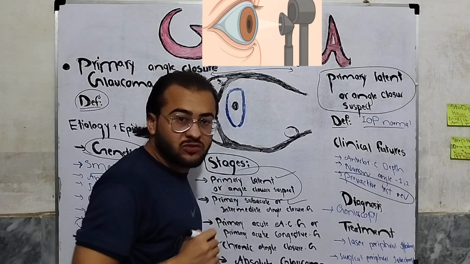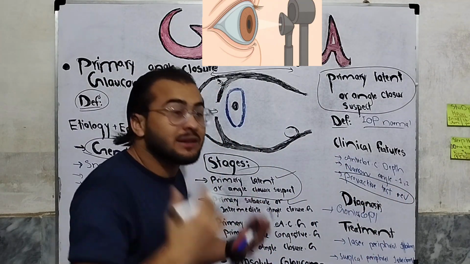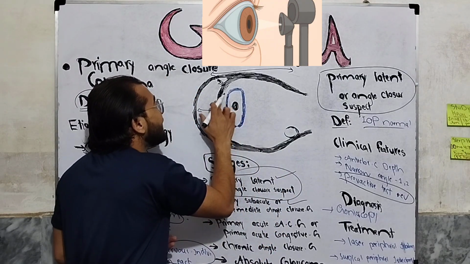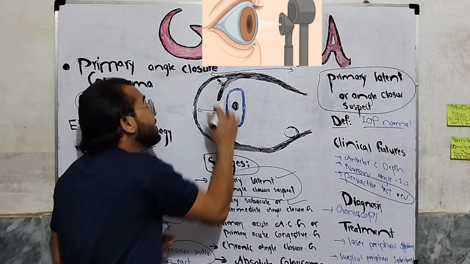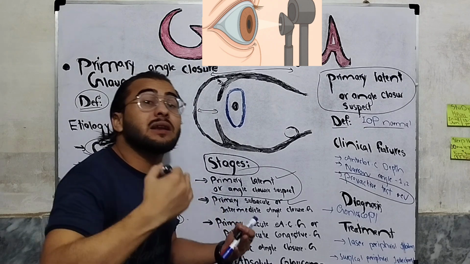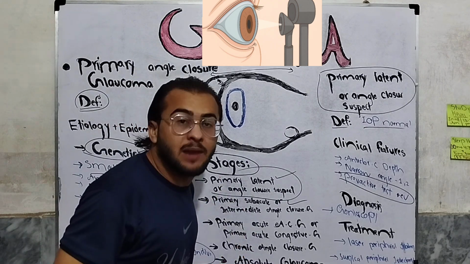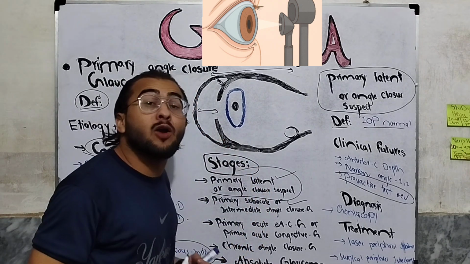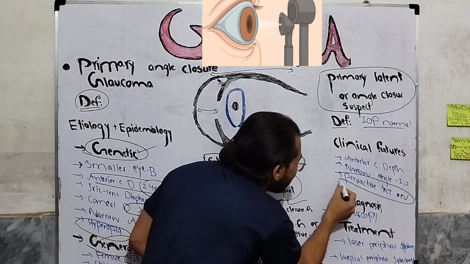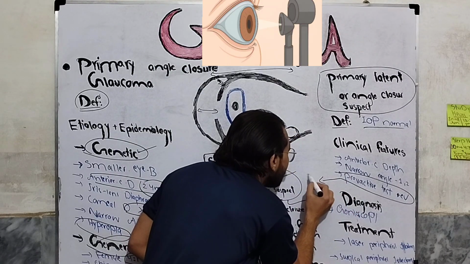So we will have reduced anterior chamber depth, a narrow angle, and positive provocative tests. Provocative tests are tests in which we cause mid dilation of the pupil. Mid dilation of the pupil will cause relative pupillary block and will increase the intraocular pressure. In these tests, we measure the pressure before and after the test.